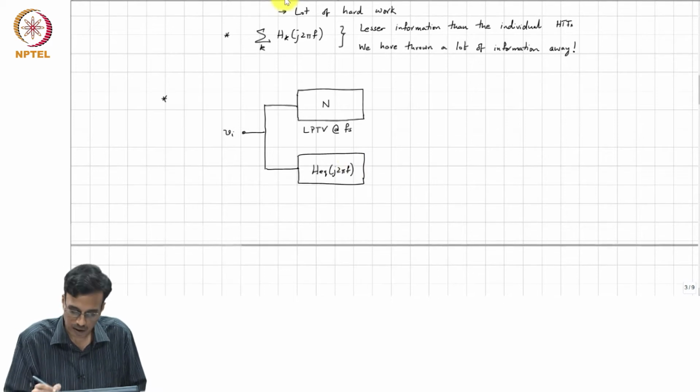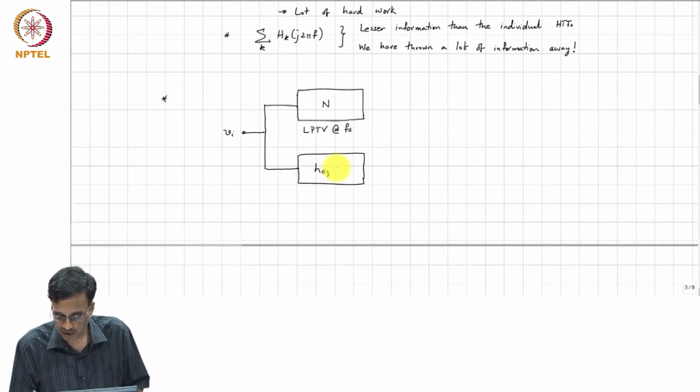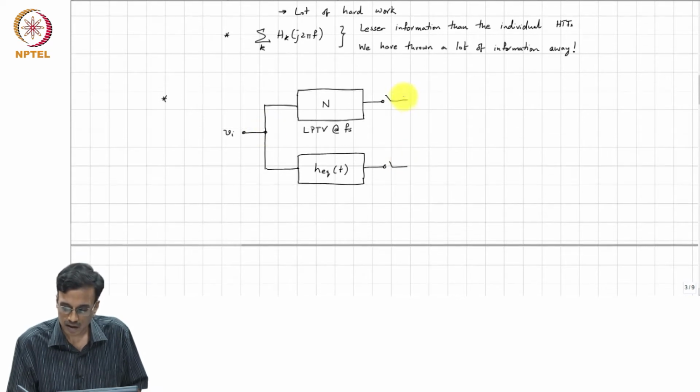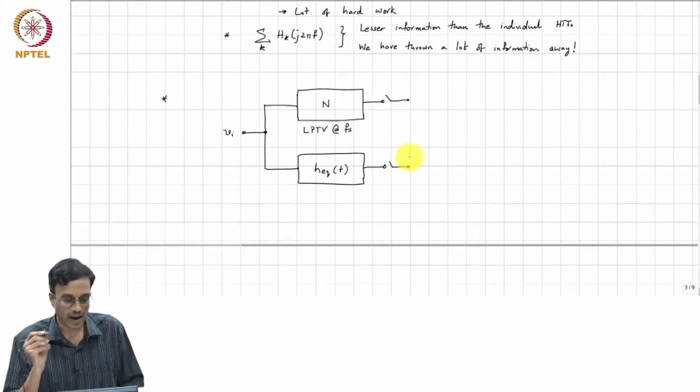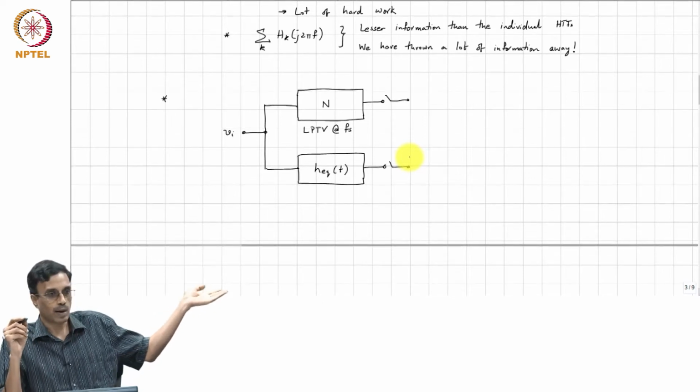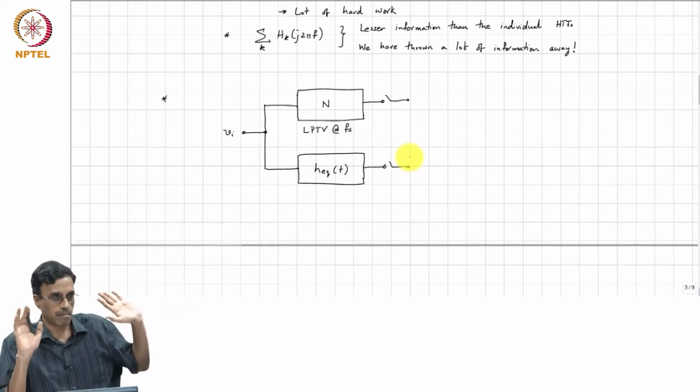So, rather I would like to talk about this in the time domain, H equivalent of t, and if we sample both these outputs, right. The idea is that the fact that the lower arm is equivalent to the upper arm means that the two samples will be the same, right.